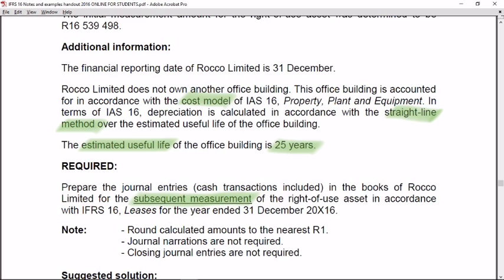Please make sure that you understand the difference between initial measurement and subsequent measurement. Initial measurement is on commencement date. You need to determine the cost. Subsequent measurement is to get to a carrying amount, so you need to deduct depreciation and possible impairment losses.